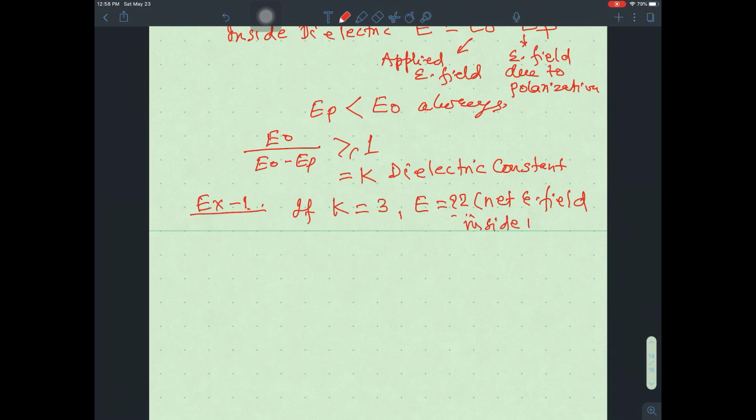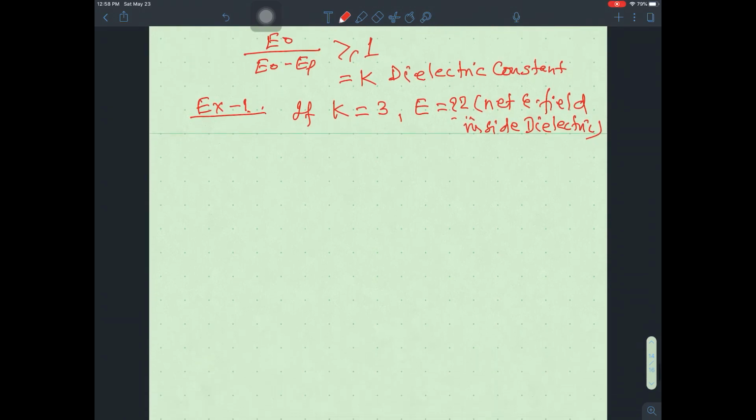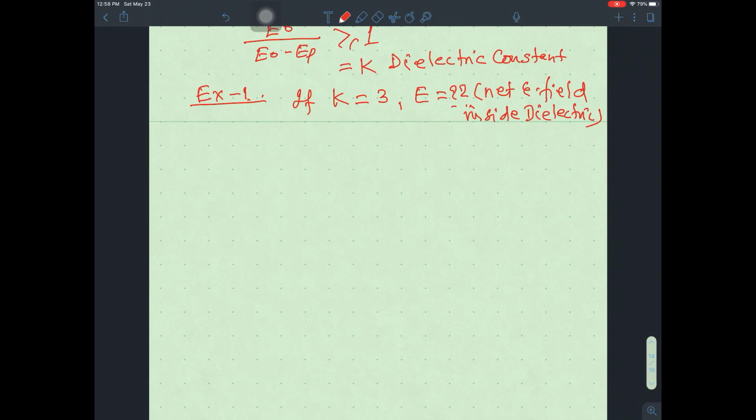It means that E naught by E is equal to 3. So E is equal to E naught by 3. This is the net electric field inside the dielectric.